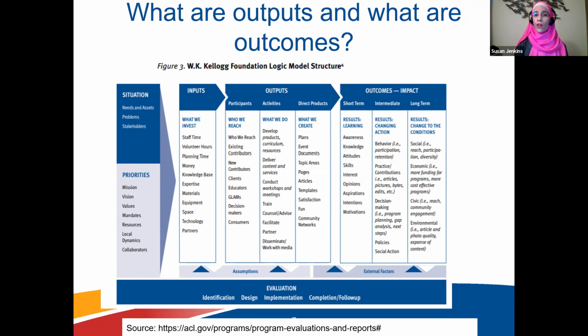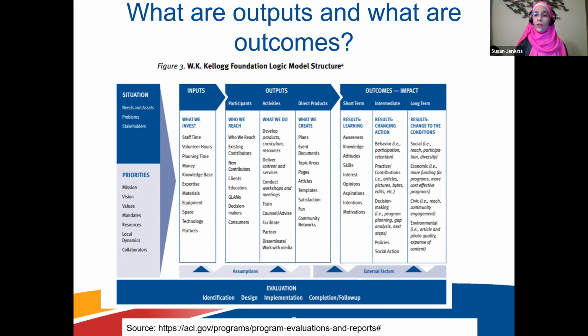Are they eating more healthful foods? Are they working with more preventative care solutions? Those are changes in behavior, which we think of as intermediate term outcomes. And then, are they better able to stay in their homes? Are they better able to live where they want to live with the people that they want to live with? Is their health better or maintained? Those are really the longer term outcomes.